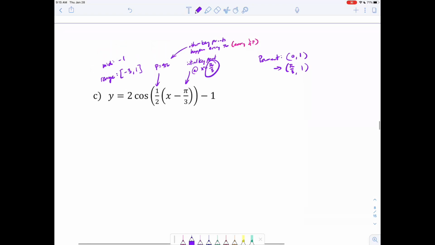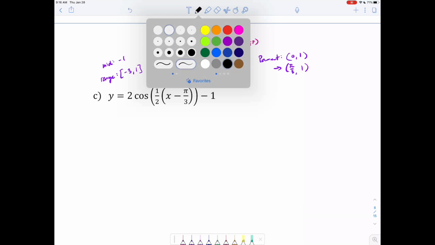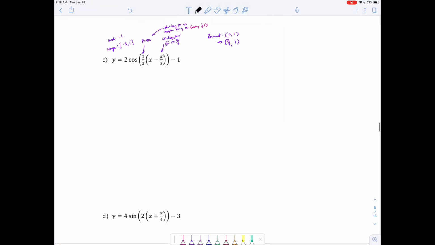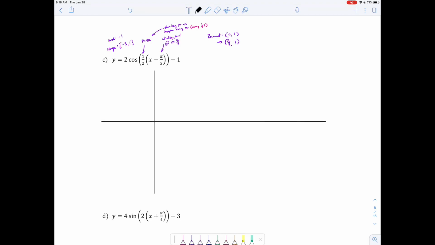Because we have an initial start point at pi over 3, and our next point is pi from that, I'm going to put my horizontal tick marks as being every pi over 3. Let's get some space here. I might skew this axis a little high. Doesn't have to be overly dramatic, but that's what I'm doing.